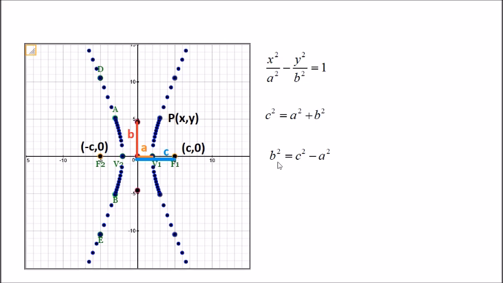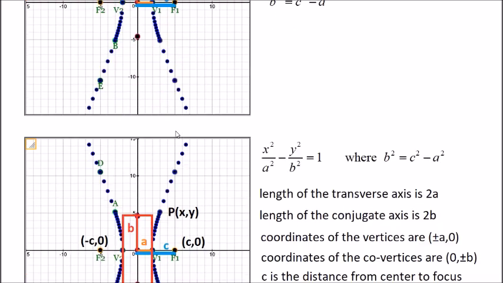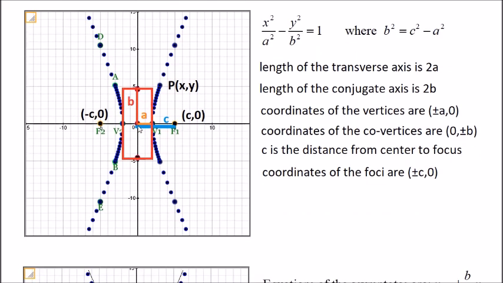And since b squared is equal to c squared minus a squared, b will always be less than c. And so if we represent the distance from here to here as b, then we have a, b, and c. And so here's a, b, and c.